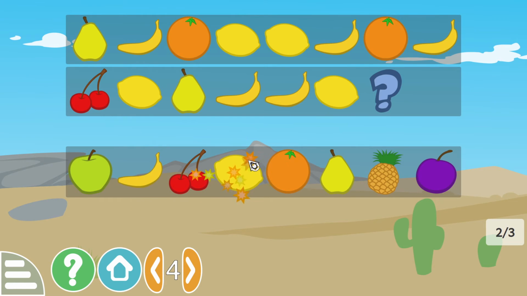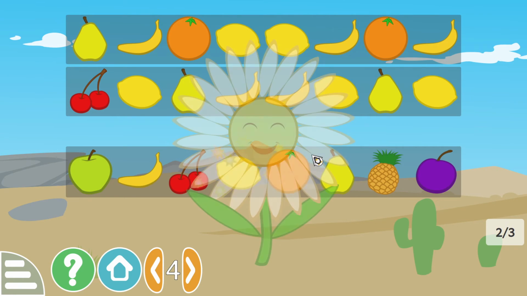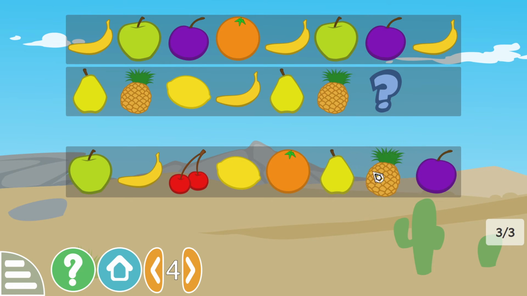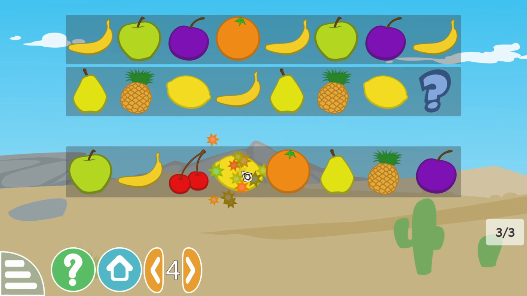Bananas are with lemons. And here with orange. And to lemon to finish it off. A pear, pineapple, lemon, and pear.